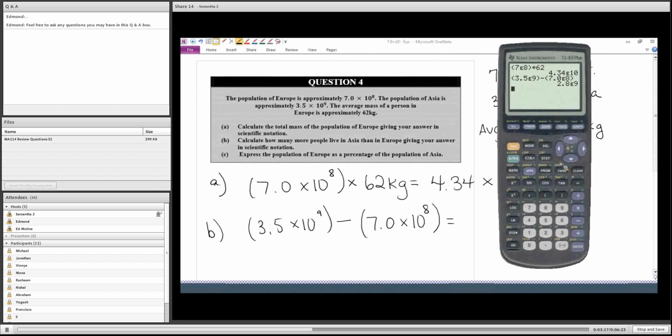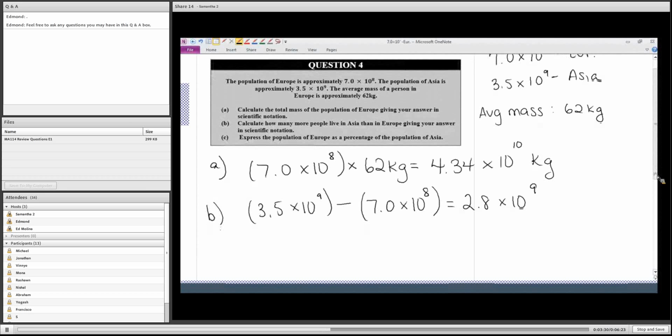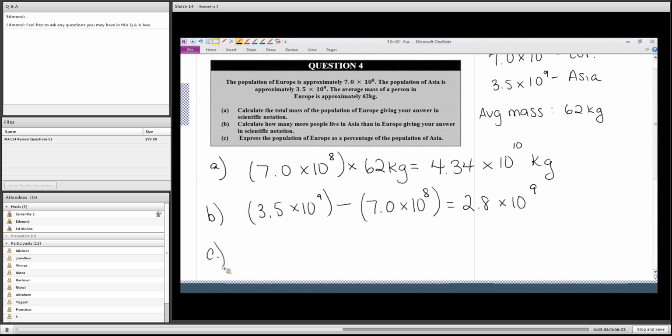And there's your answer. 2.8 times 10 to the power of 9. In this problem, you do not need units, so that's your answer right there.